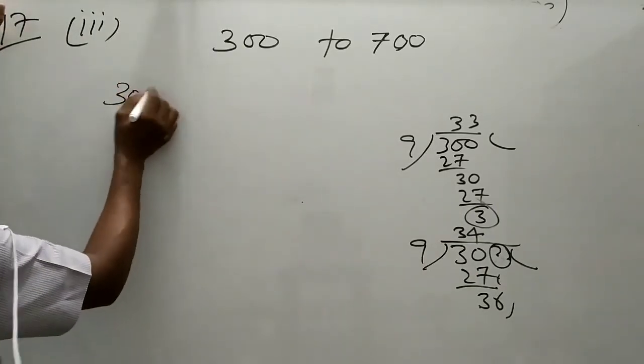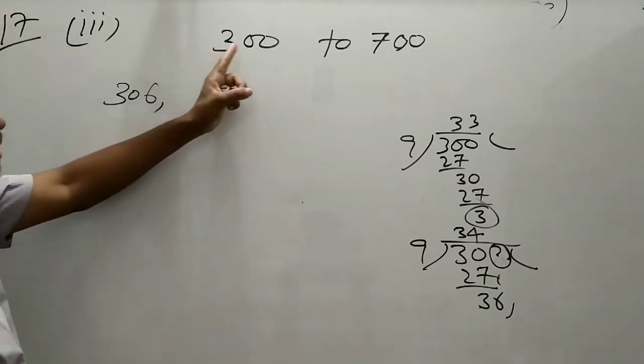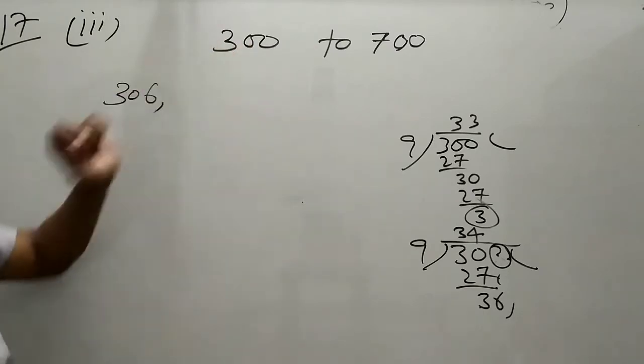So the first number will be 306. It is the first multiple of 9 just after 300.